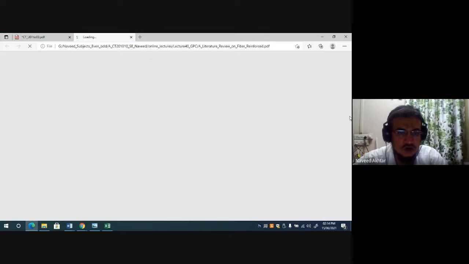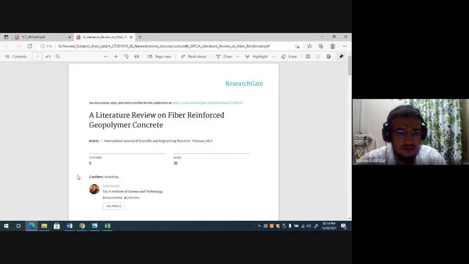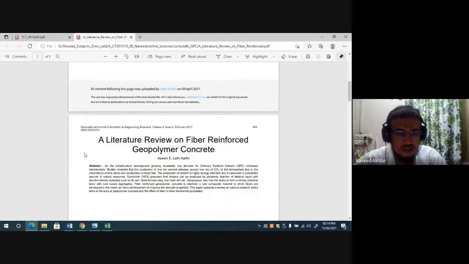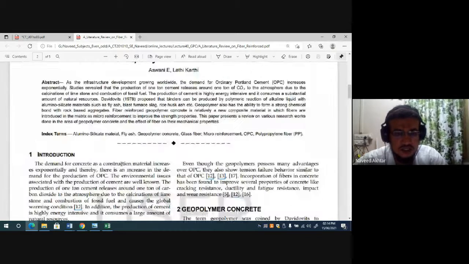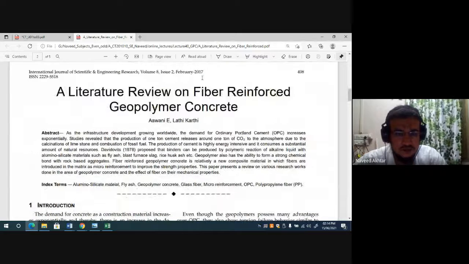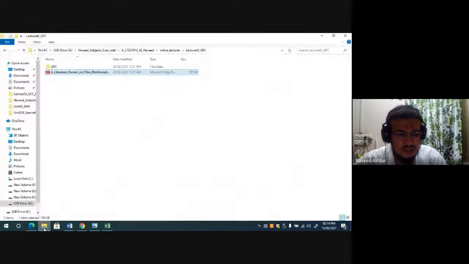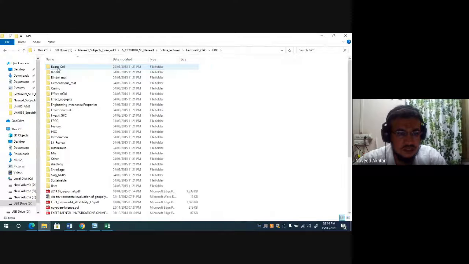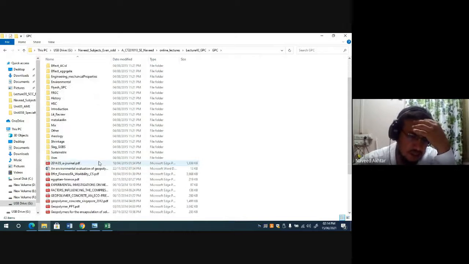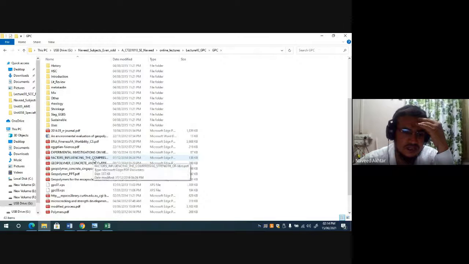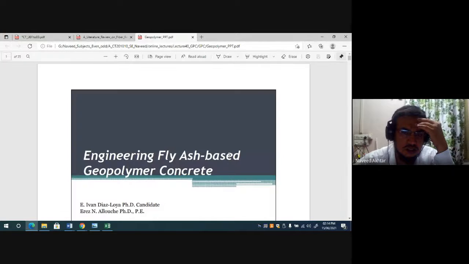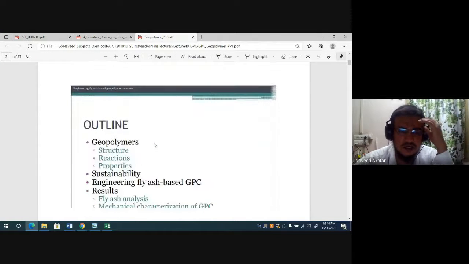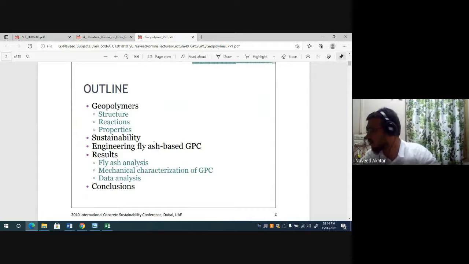Many such concretes are available in the market, but this is the special case, the geopolymer concrete. So geo means earth and polymer means concrete. There are different papers and lots of research work already done on the geopolymer concrete.